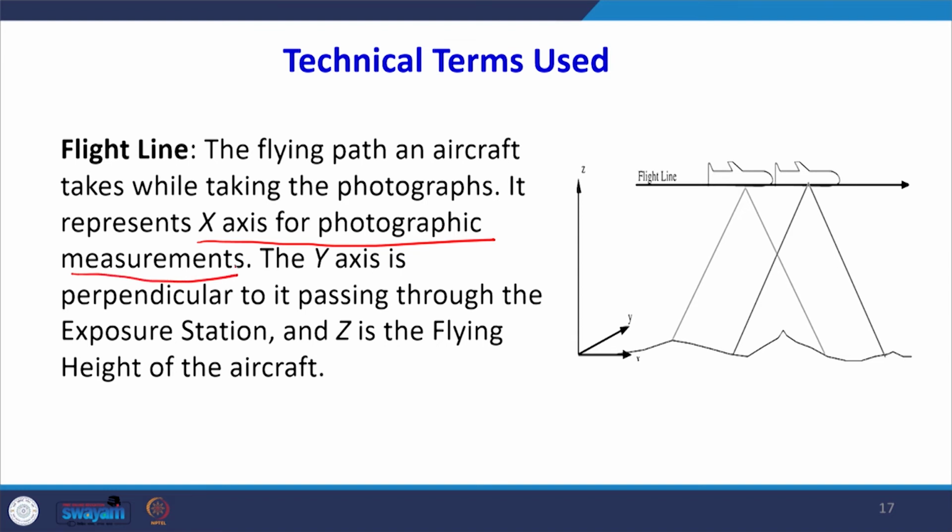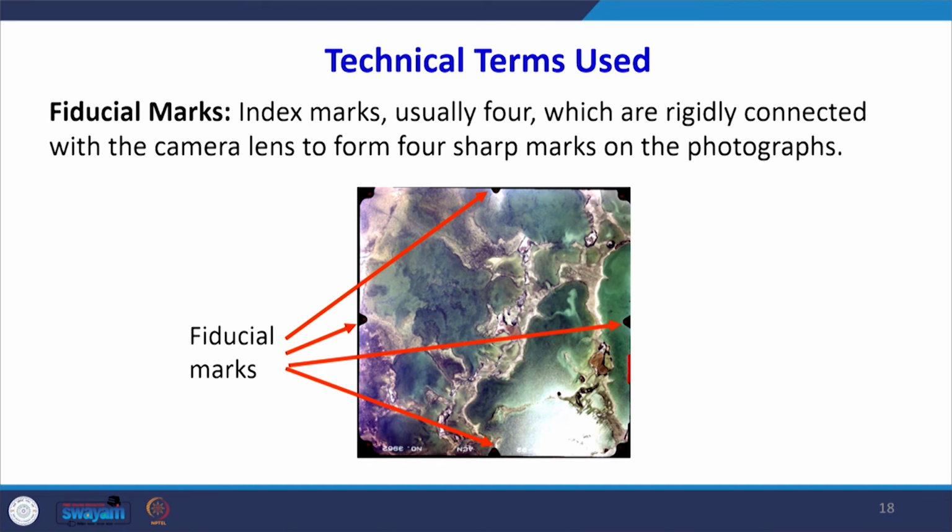In this particular diagram, this is the flight line direction. The aircraft is moving from left to right, and this indicates my x direction also for photographic measurements. The y axis will be perpendicular to that, passing through the exposure station. Fiducial marks. This is the image photograph now.